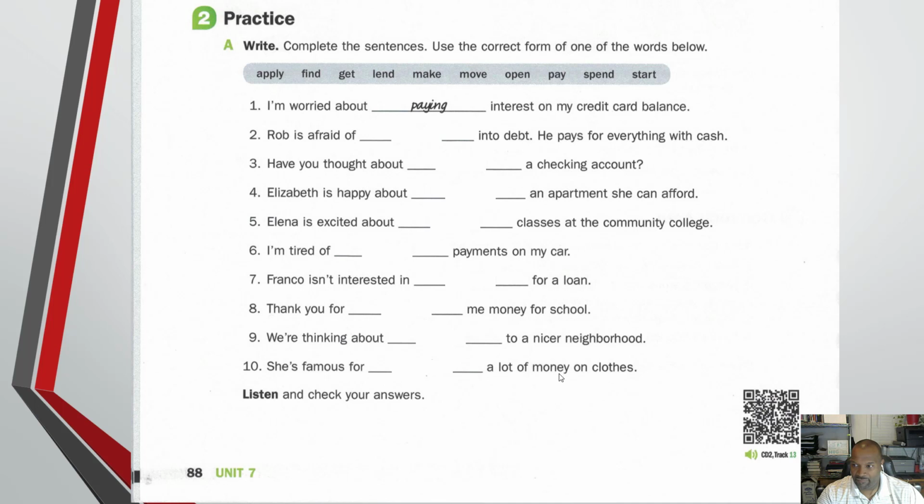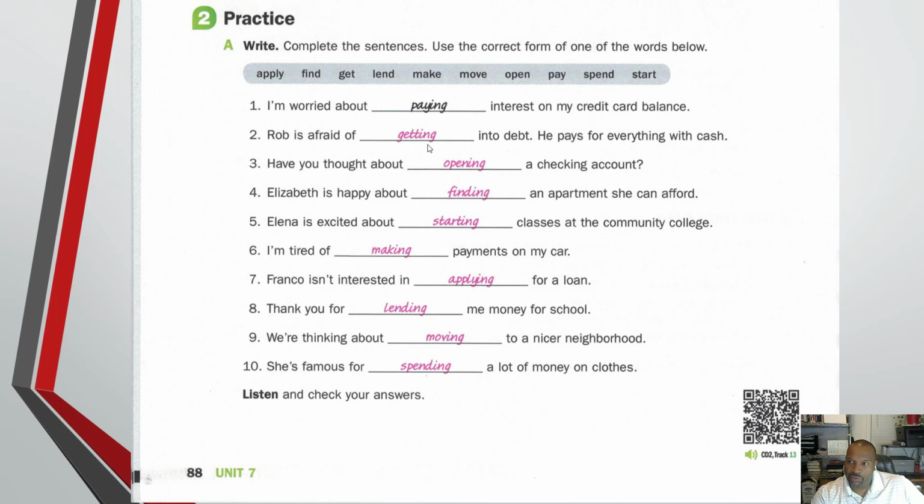Spending a lot of money on clothes. Spend plus ing. How did you do? These are what I had. If you had any trouble with that, let me know. Okay?